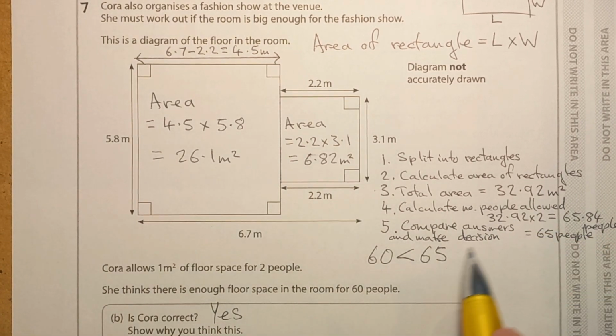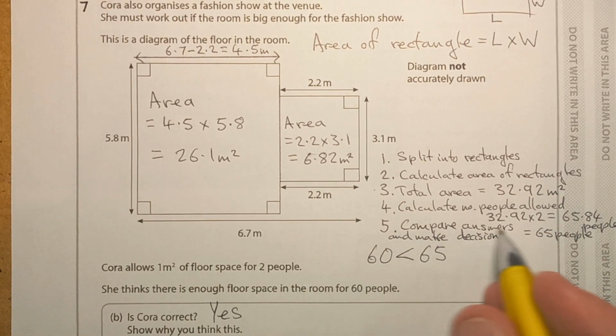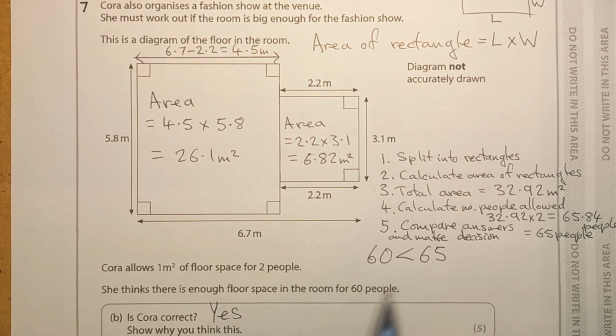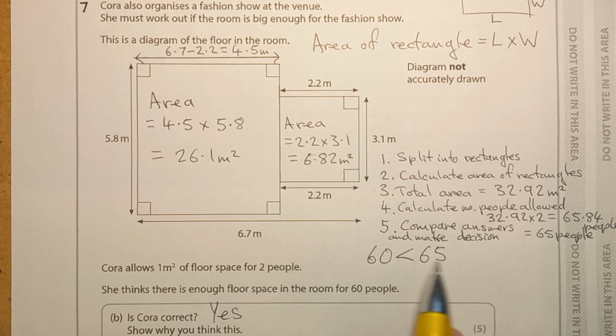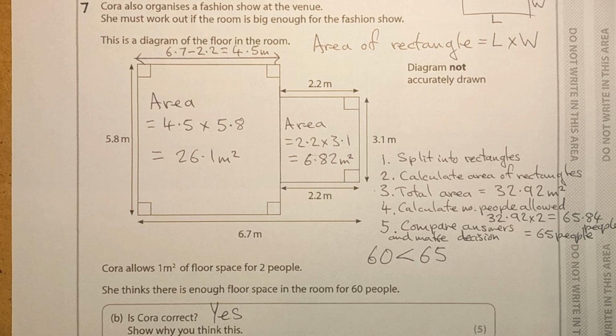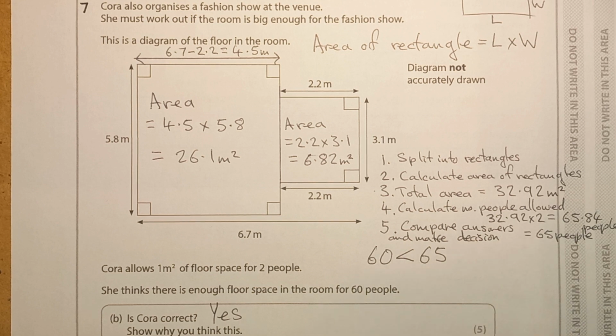This last step is often going to be that you have 2 numbers that you're looking at, and you've got to remember not just to stop at the numbers, you've got to answer the question, is Cora correct? Yes, she is. And we've shown exactly why, and we've shown where every single mark comes from.